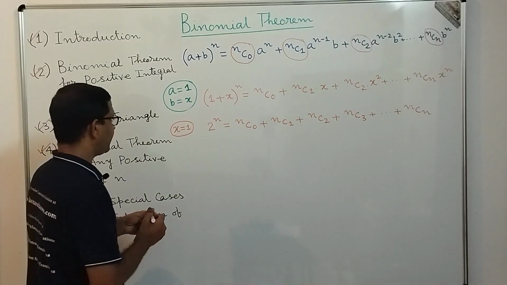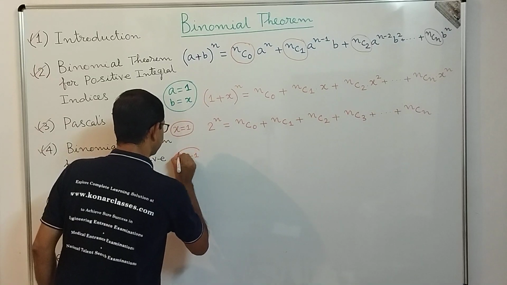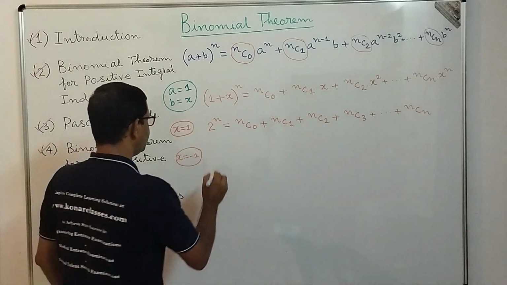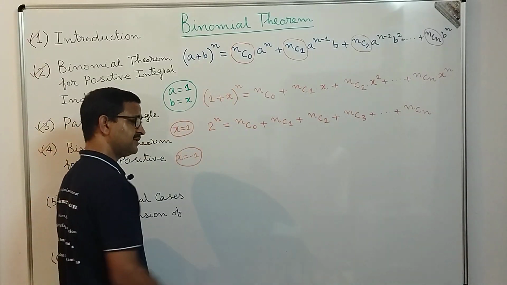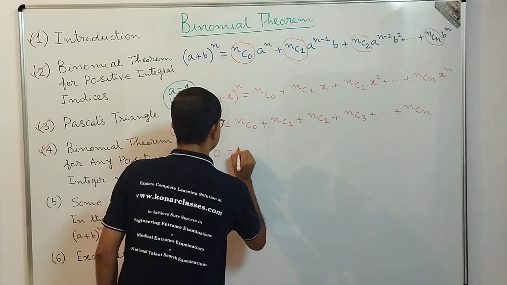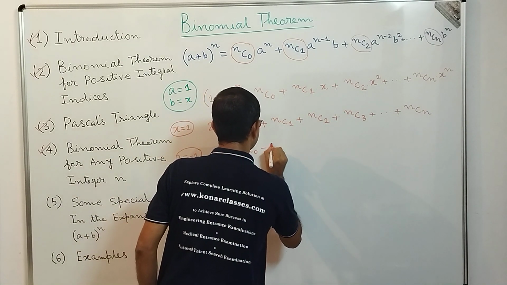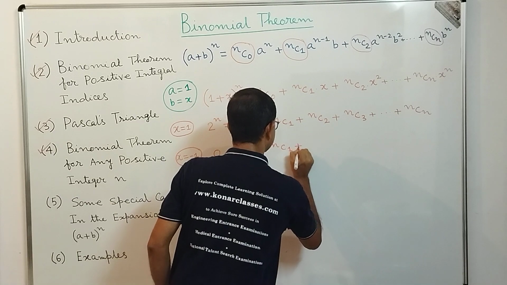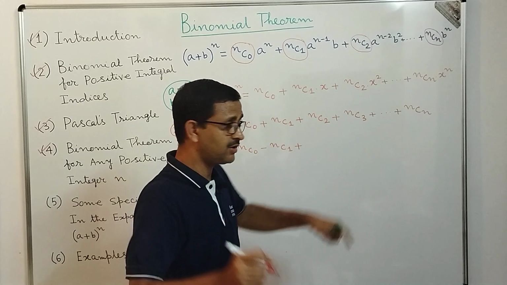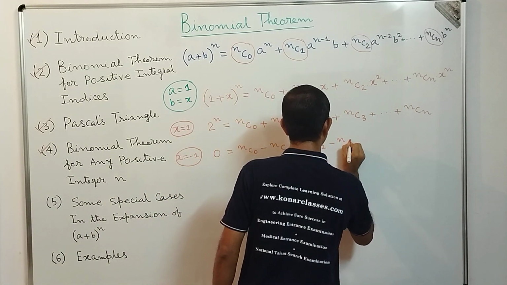Now if we apply the value of x equal to minus 1 in this expansion of 1 plus x power n, what are we going to get? 1 minus 1 power n, that means 0 power n, that is 0. So 0 should be equal to nC0, now x equal to minus 1, that means minus nC1, plus nC2 into minus 1 power 2, that is plus 1, so plus nC2, minus nC3.